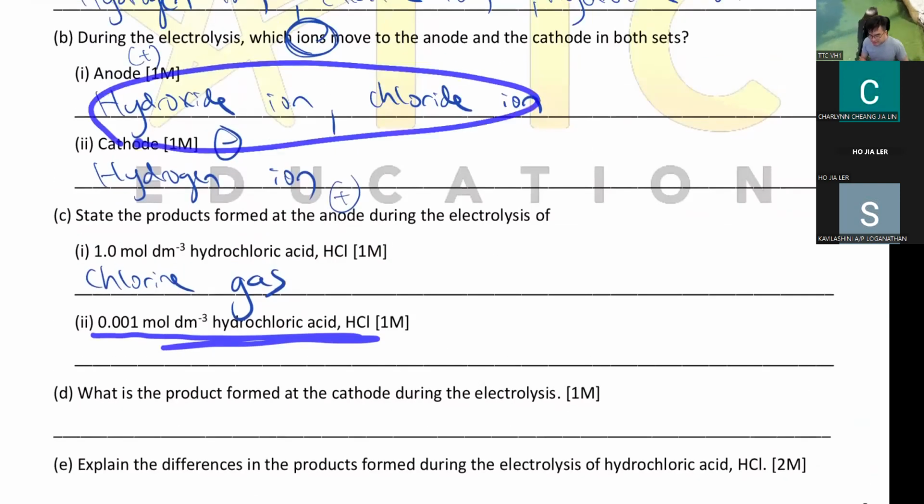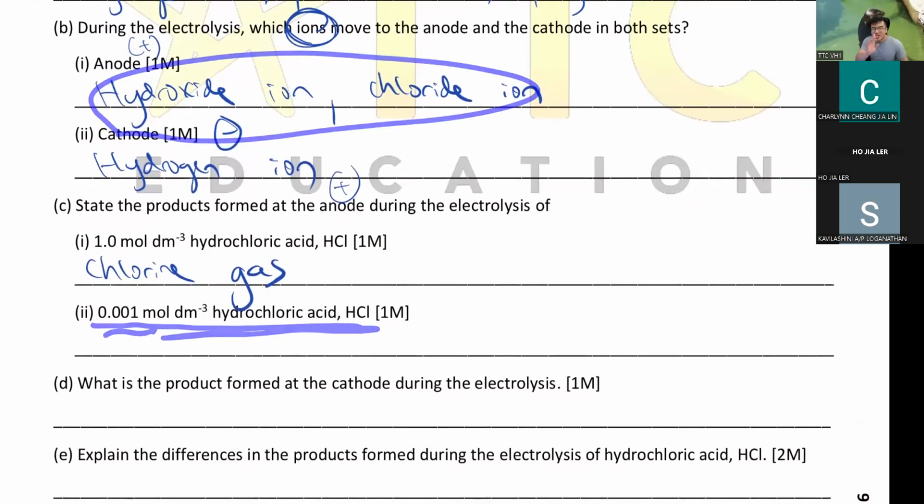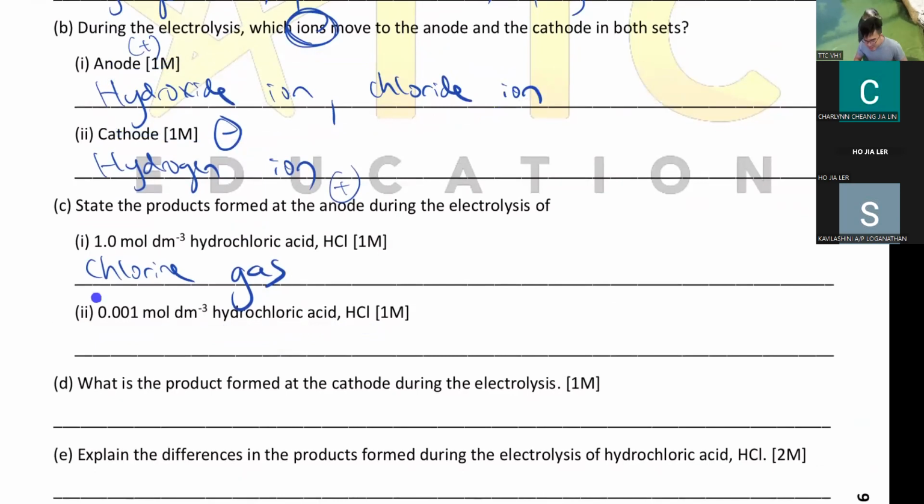Okay, so what about 0.001 mole decimeter cube of hydrochloric acid? Who will be chosen then? Assume there's no 0.001 because this is useless. We don't care about the concentration. Concentrated, we choose chloride.